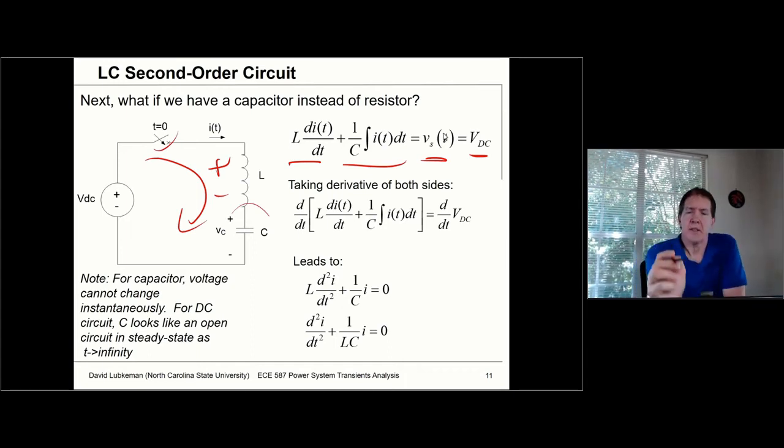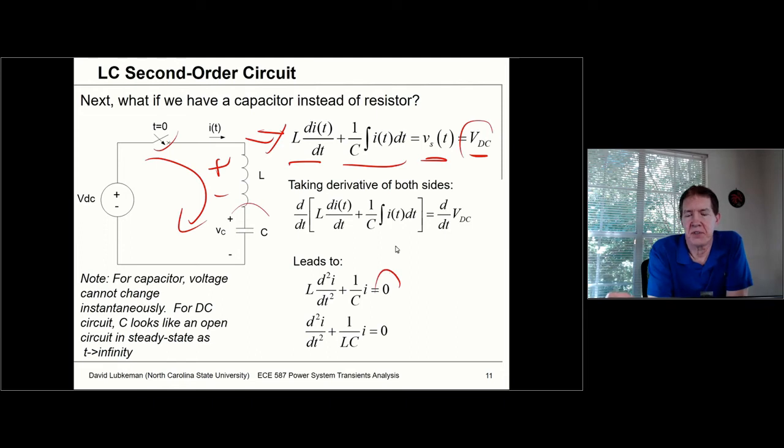Now, this form of the equation is something we may refer to as an integro-differential equation. It's not really the form we want, so I need to take the derivative of both sides. The term on the right is a constant value, so it's just going to go to 0.